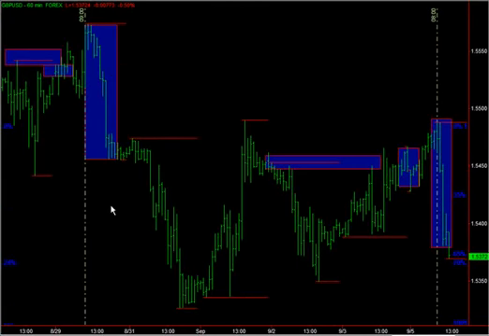Just zoom in a little bit to the last 2 weeks. So we've got history repeating itself, a breach of the previous Friday's high, then a sell-off, breach the previous Friday's high, then a sell-off. So history so far is repeating itself. Now what can we essentially anticipate to happen next?